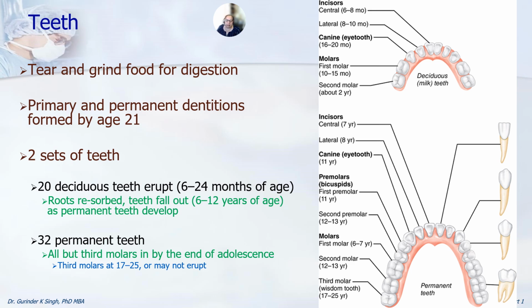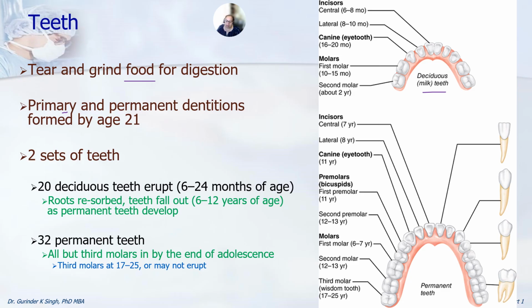All right, so now let's talk about teeth, which are present in your buccal cavity. The function of the teeth in our mouth is to tear as well as to grind the food for digestion. Teeth are also known as alveolar processes. There are two types of teeth. One is the primary teeth, which we also call milk teeth or deciduous teeth, present in early childhood.